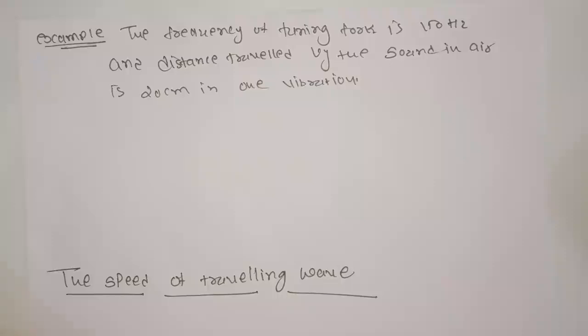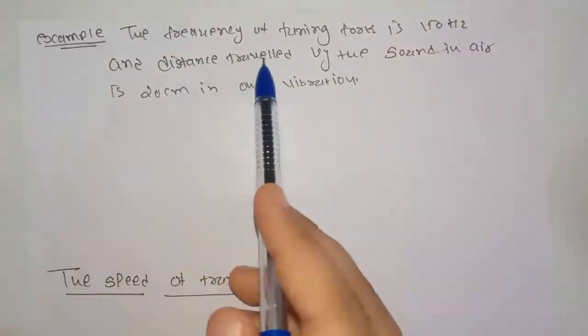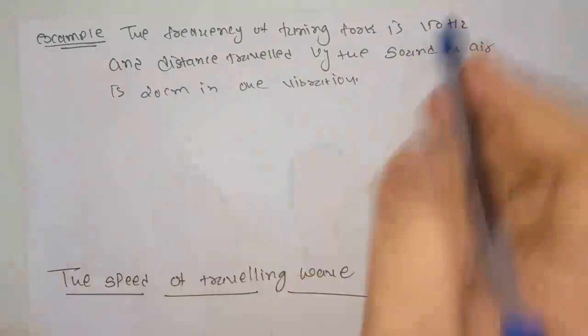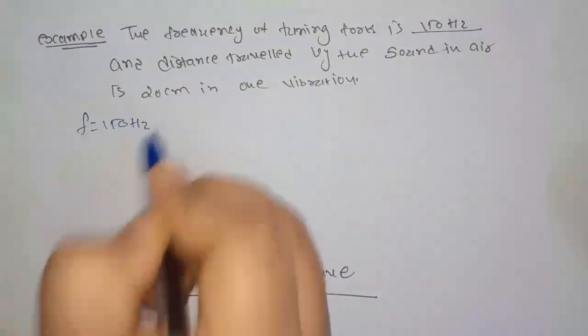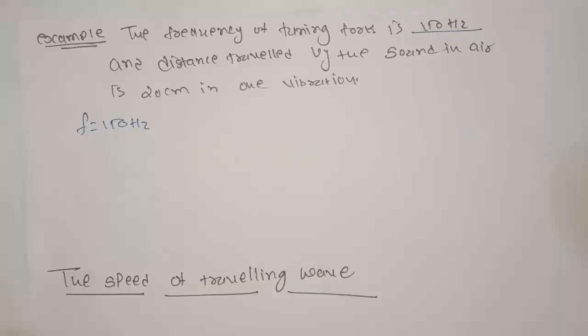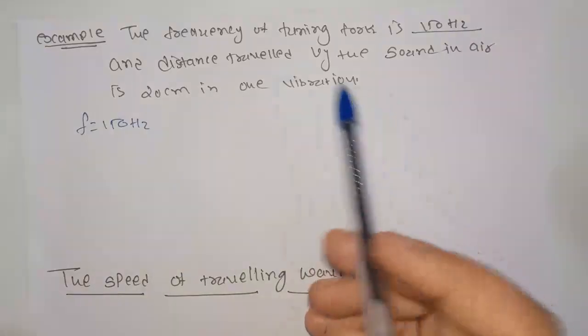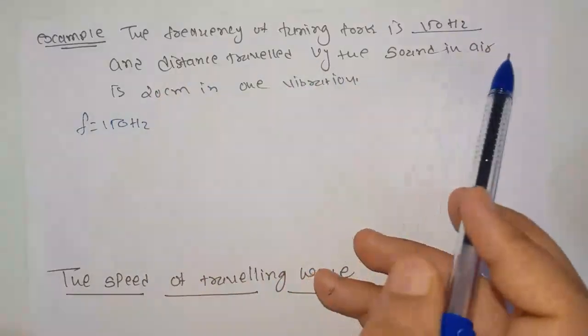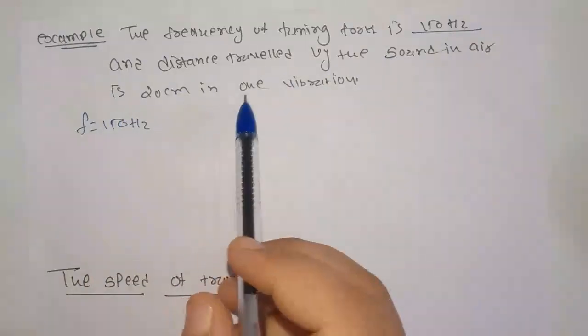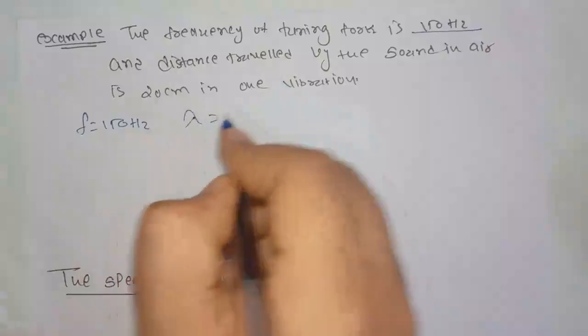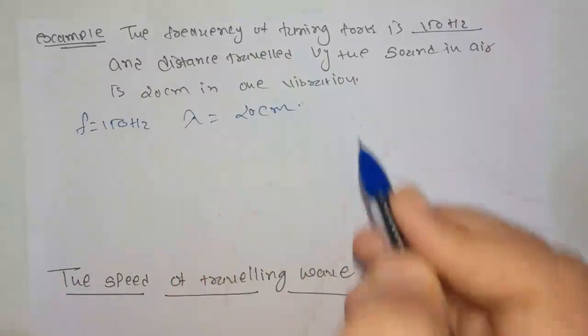Now let us see an example. The frequency of a tuning fork is 150 Hz. So f is given as 150 Hz. And the distance traveled by the sound in air is 20 centimeters in one vibration. So the wavelength is 20 centimeters.